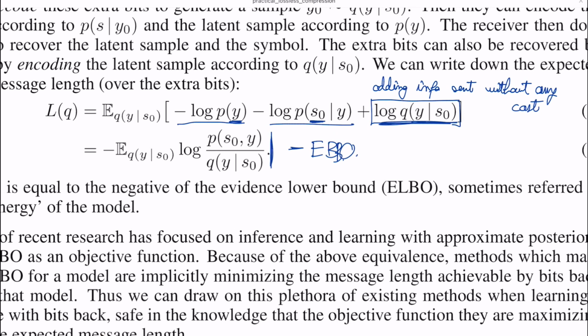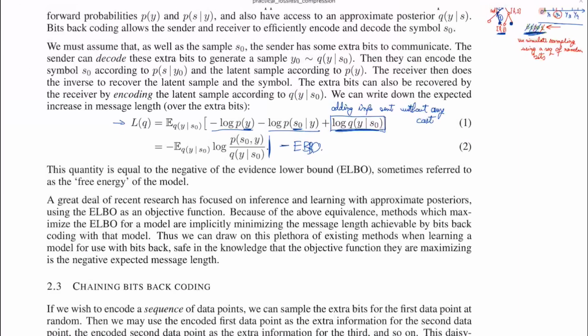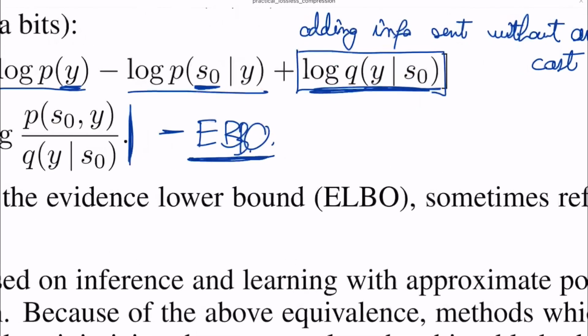So this is the number of bits that we need to send. This is the message length. And the message length is the same as the ELBO. So you want to minimize the message length, so you want to maximize the ELBO.